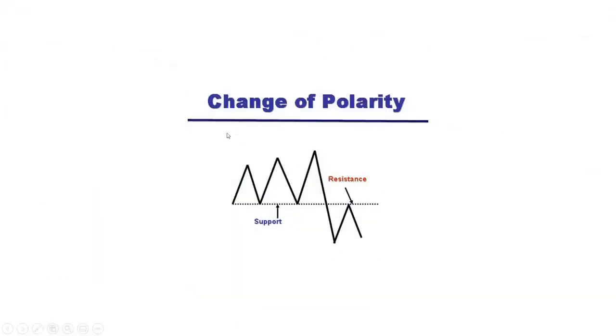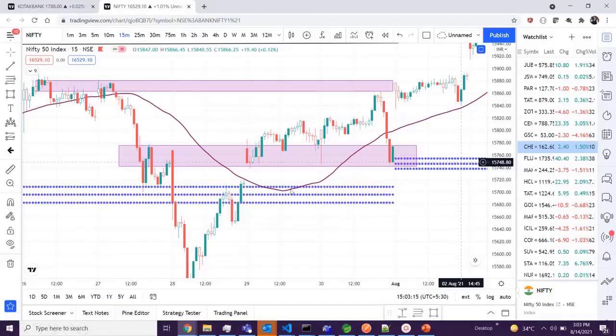In the concept of polarity, the resistance which once gets broken acts as support, and support which gets broken acts as resistance. This is a simple concept, but it works wonderfully in trading. So let us see, this area was a resistance because you can see once, twice, and after the third attempt this was crossed.